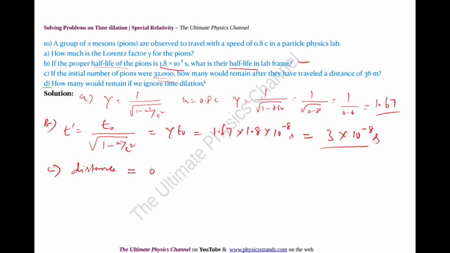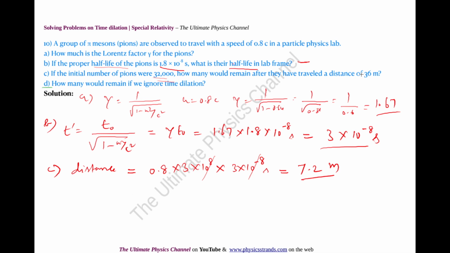At 0.8 c velocity, and this time 3 into 10 power minus 8 seconds, the distance that the pions would travel would be equal to 9 into 0.8. 9 into 0.8 is 7.2. These two terms will cancel anyway. So 7.2 meters only pions would be able to travel in their lifetime in lab frame.